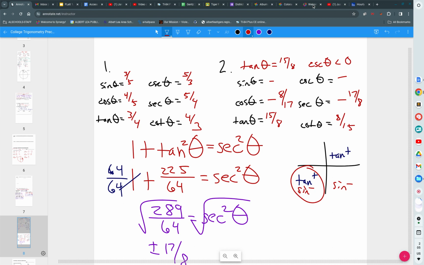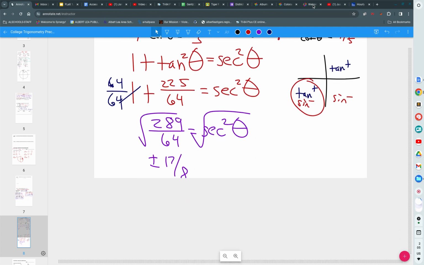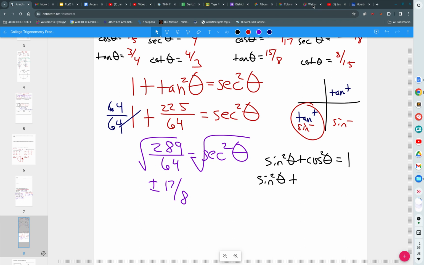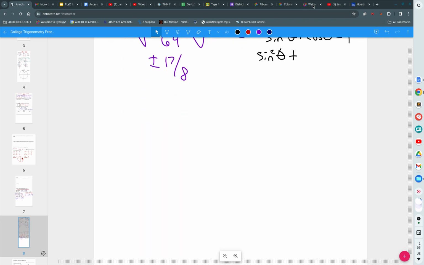Now we can use sine squared plus cosine squared is 1, right? Let's do that. Sine squared of theta plus cosine squared of theta is equal to 1. Sine squared of theta plus, if we square that cosine value, if I look back, I think cosine was 8 over 17.